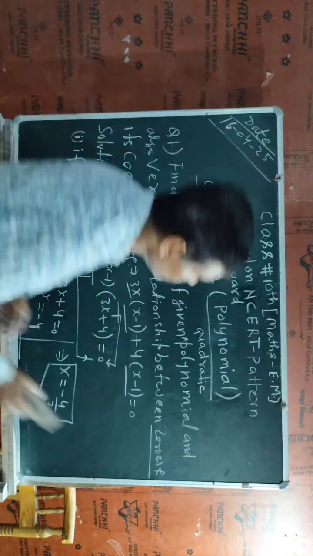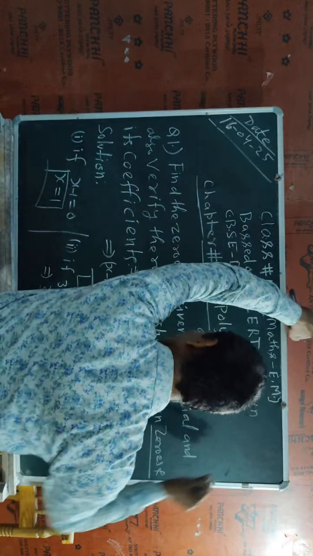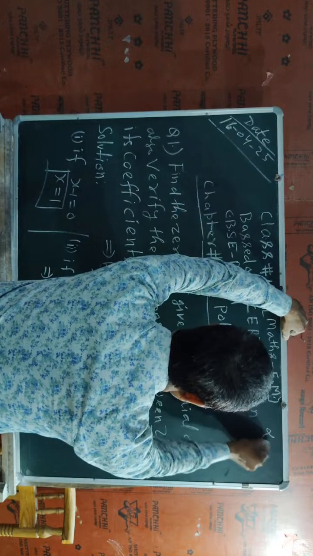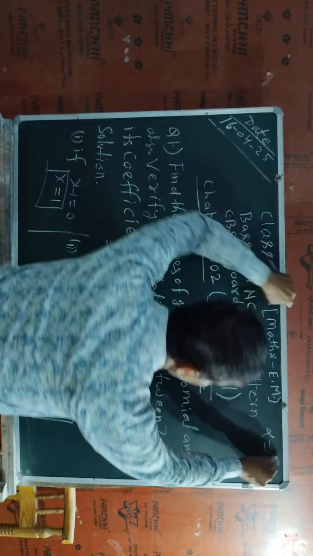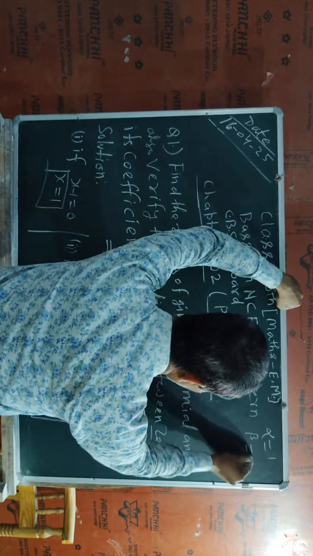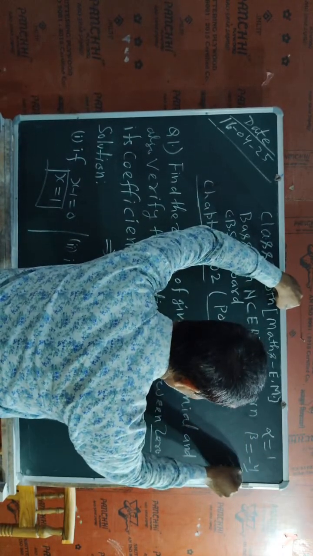Okay students, so I am going to solve it because it is important. I am going to say one value is alpha, which is equal to 1, and beta is equal to minus 4 divided by 3.